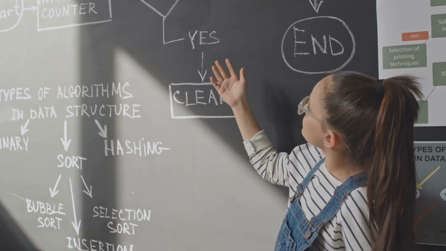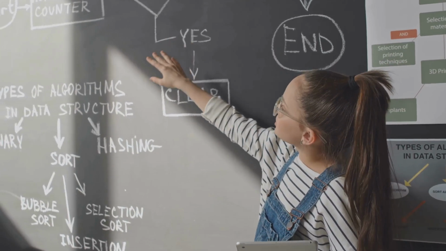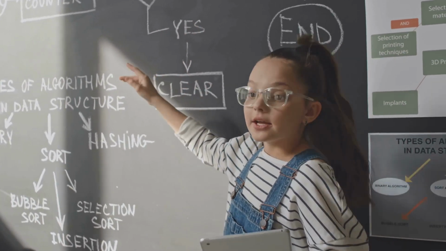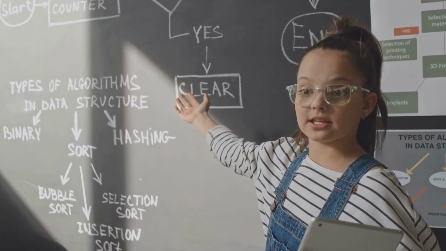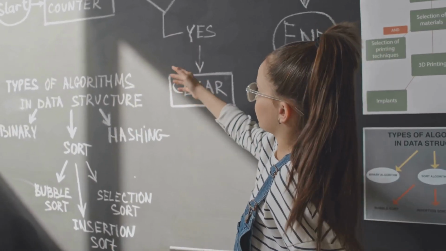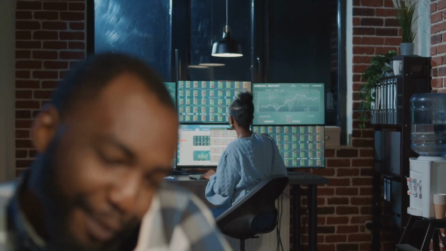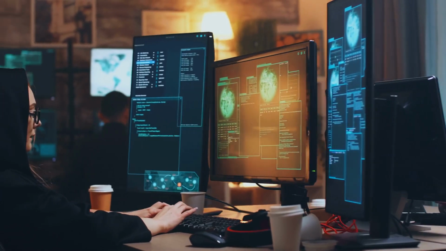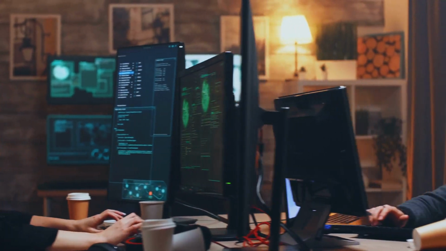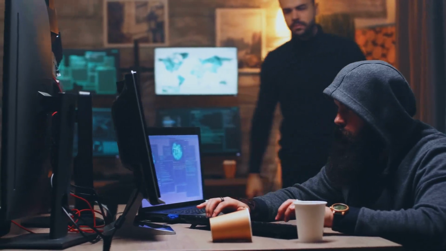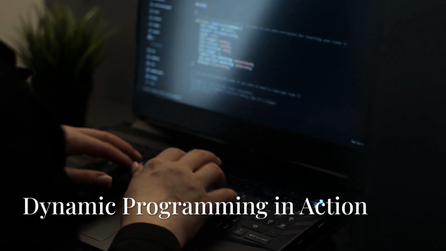This divide and conquer strategy, combined with the clever use of memoization, storing and reusing previous results, makes dynamic programming incredibly efficient for solving a wide range of problems. Whether you're a computer scientist optimizing algorithms, a financial analyst maximizing returns, or simply someone trying to find the quickest way home, dynamic programming provides a powerful framework for tackling complex challenges.